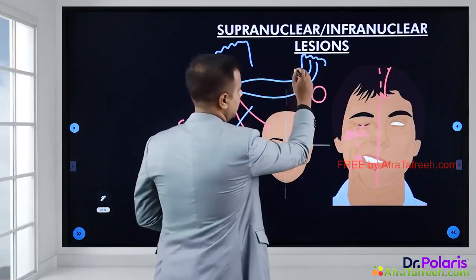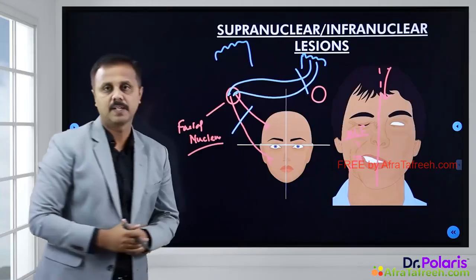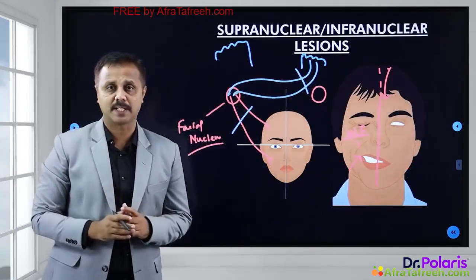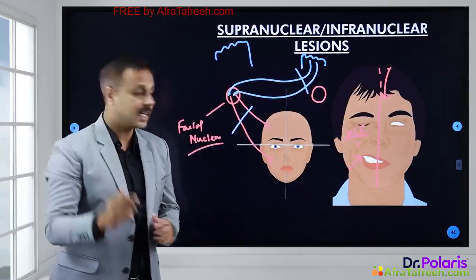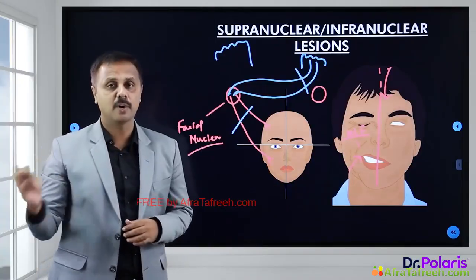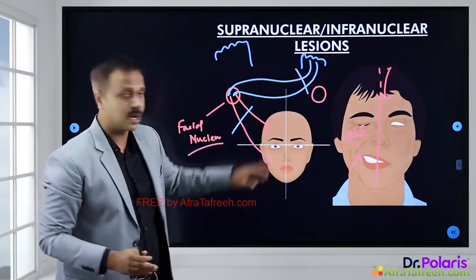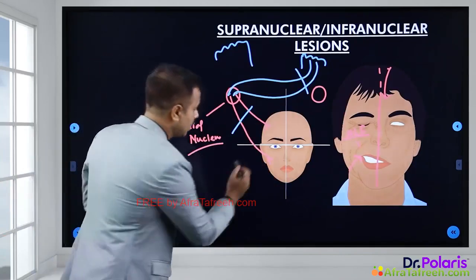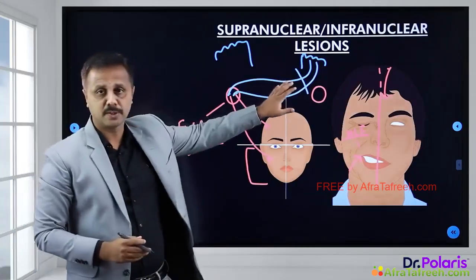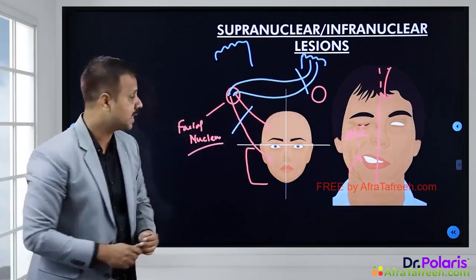Imagine I'm cutting through here. I have cut through all the upper motor neurons of the left cerebral cortex. What do you expect? Again, you expect paralysis of the entire half of the face, but on the opposite side. But this will not happen. What will happen is, only this portion of the face is involved in the upper motor neuron lesion. What is the reason for this?